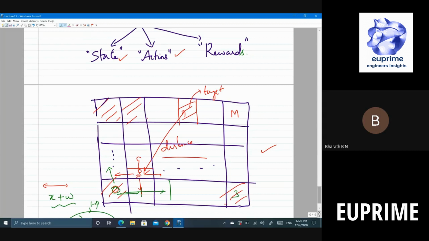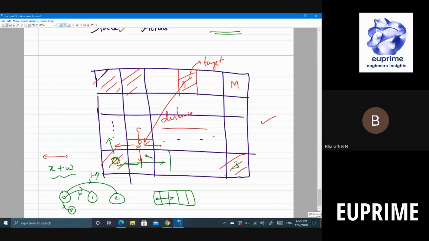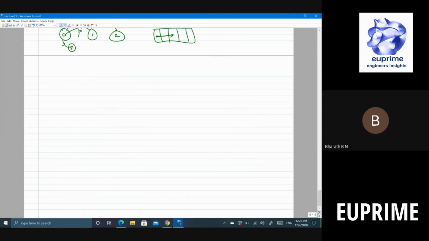And even the rewards are random. You are in some place, but you don't know the exact position, right? There is randomness in the position also, because of which the reward that you get is also random given a state and action. So essentially what you have is the following. You have a set of actions, a set of states, and of course you'll get some reward, which is a positive number.